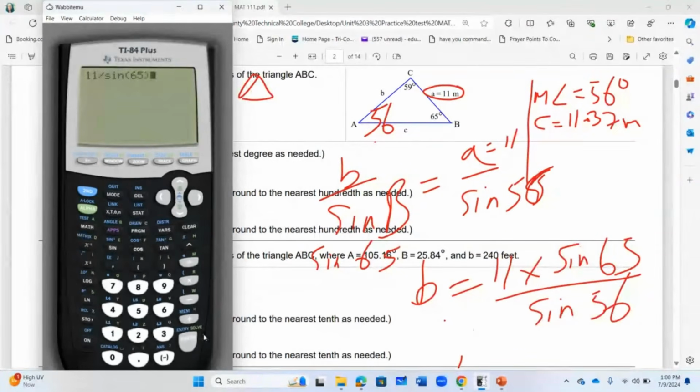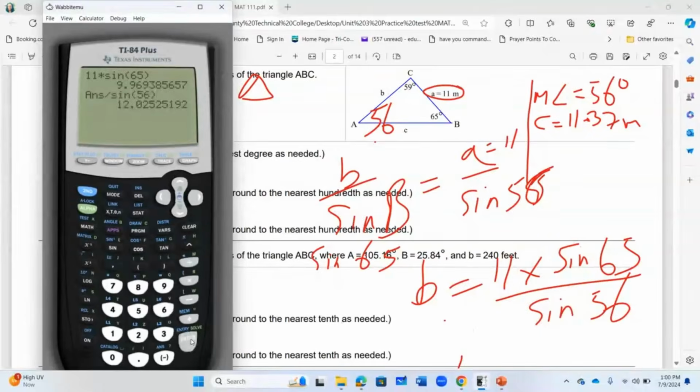What did I divide? It doesn't make sense. It's supposed to be multiply. Then divided by sine 56 degrees, close parentheses. All right, so that makes more sense.